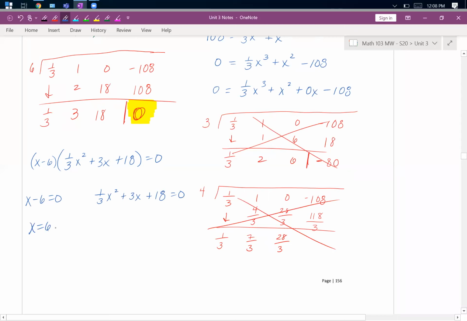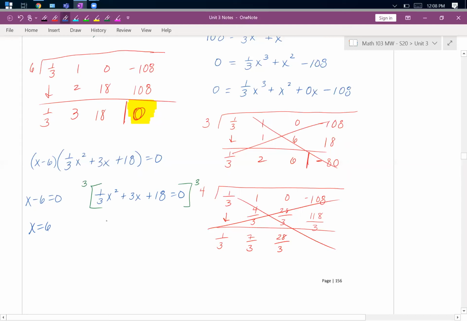This next equation, since that has a leading coefficient of 1/3, I'm not going to be able to just look at that and factor it. And honestly, if I'm going to have to plug it into the quadratic formula, I don't really want to have to deal with a fraction. So I'd be inclined to multiply this whole equation by 3. It's a legal math move. Whatever we do to one side, we do to the other side.